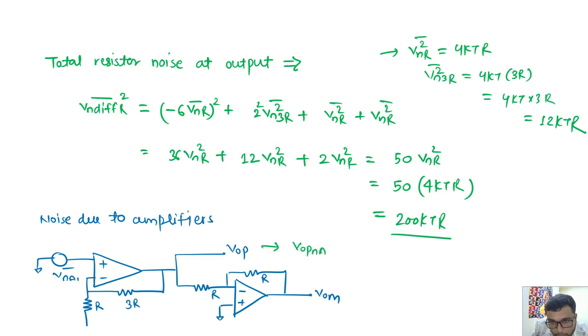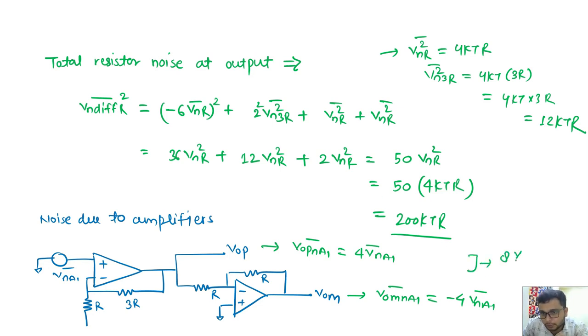VOP noise due to amp 1 is directly 4 of Vn of A1. And VOM due to amplifier 1 is minus 4 Vn of A1. So this is directly 8. So the differential is 8 Vn of A1, that is the differential noise.